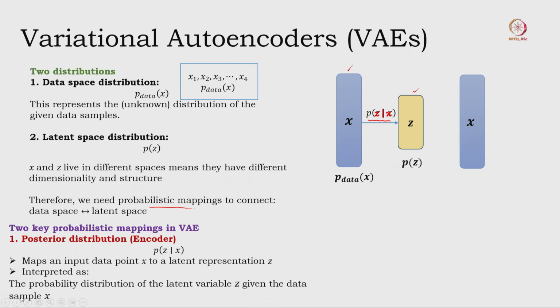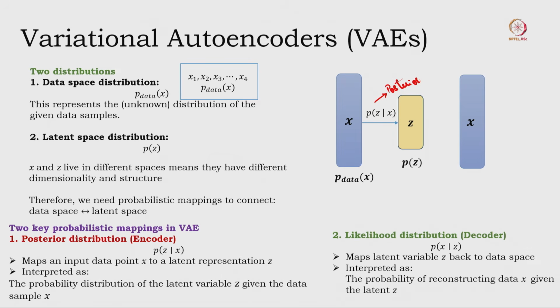So, the very first mapping that we are doing is what is the probability distribution of Z, given that what you have is just X? This term we call the posterior distribution, and it is an encoder.